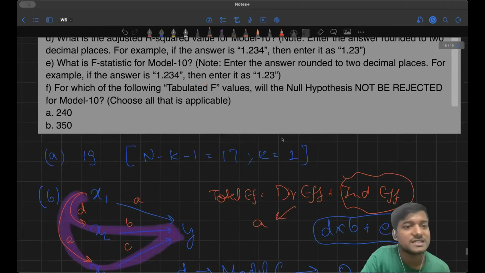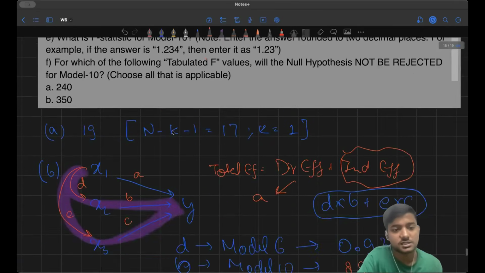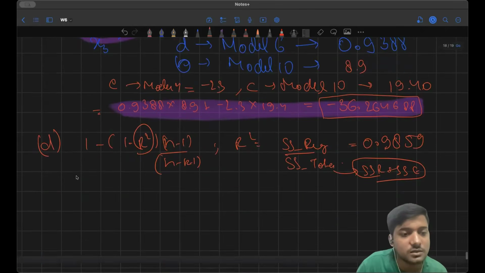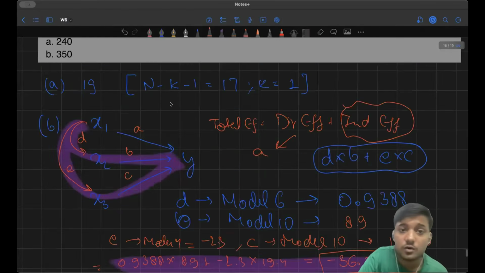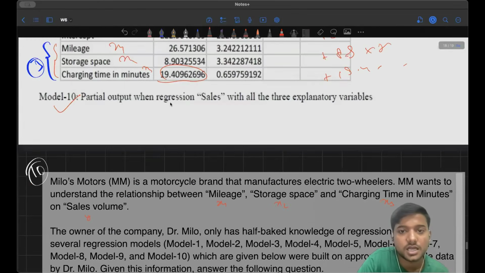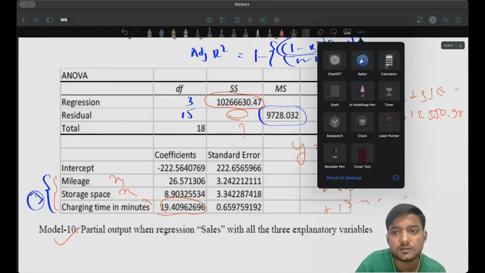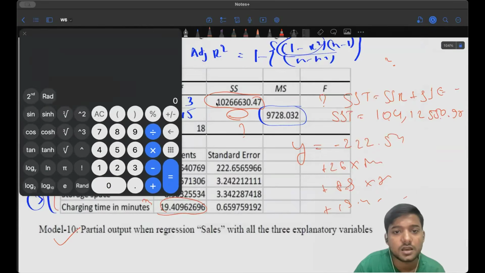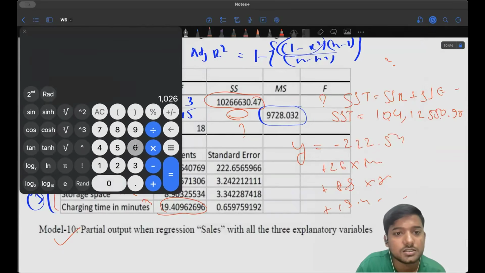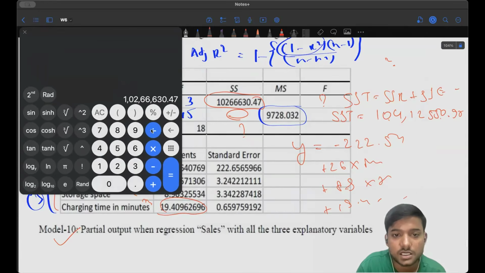So we have done A, B, C, D. Now they have asked for F statistic. E is going to be F statistic. We know F statistic is mean square regression by mean square error. So again here we have access to this thing already. We can directly find things from the calculator. 102,666.30.47 divided by 3. This is this part.